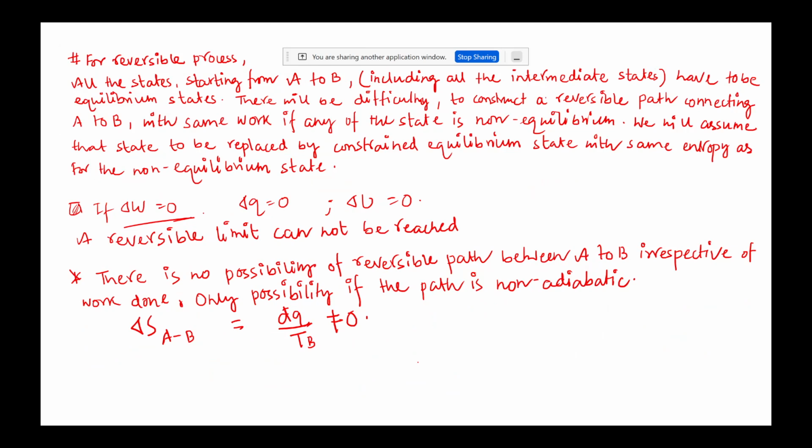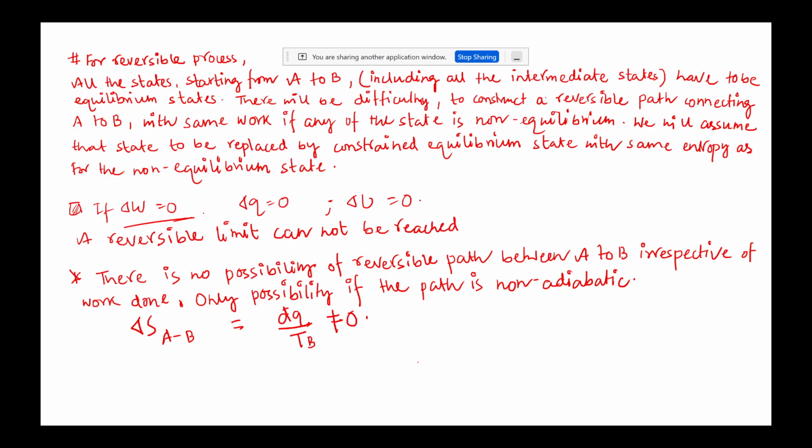And if delta W equals 0, then delta Q is 0 because this is adiabatic. And then from the first law of thermodynamics, delta U is also 0. So that reversible limit cannot be reached. So there is no possibility of a reversible path between A to B, irrespective of work done, because that amount of work done is not possible for the reversible case.